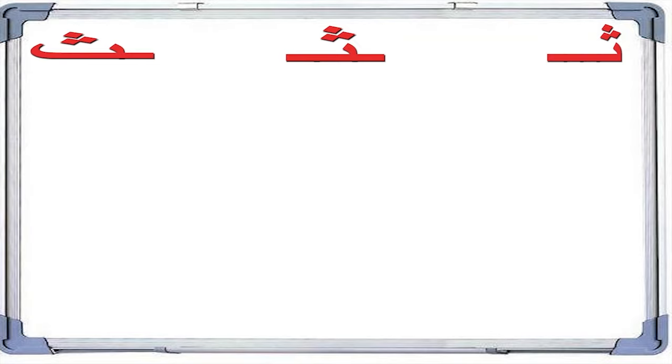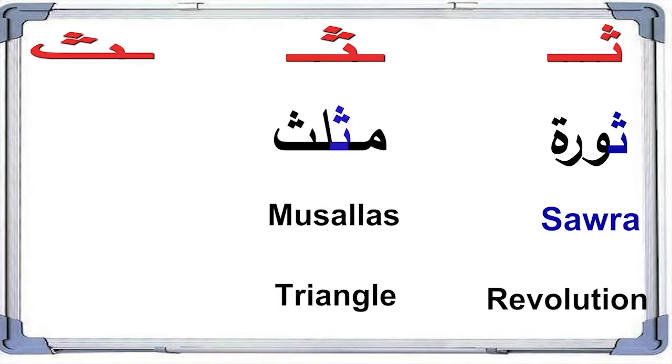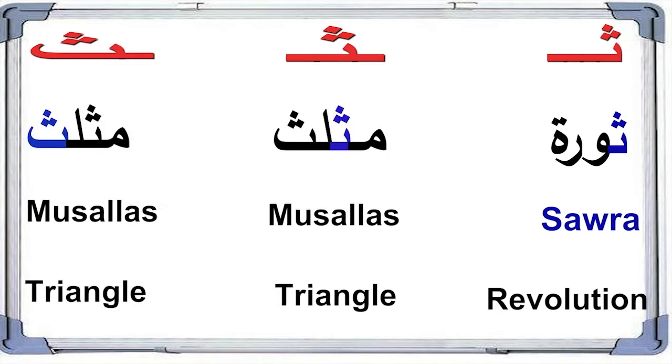Here are a few examples. The first example is Sawra. Sawra means revolution. For the second form and the third form, I included only one example, and I will show it to you. Musallas means triangle.